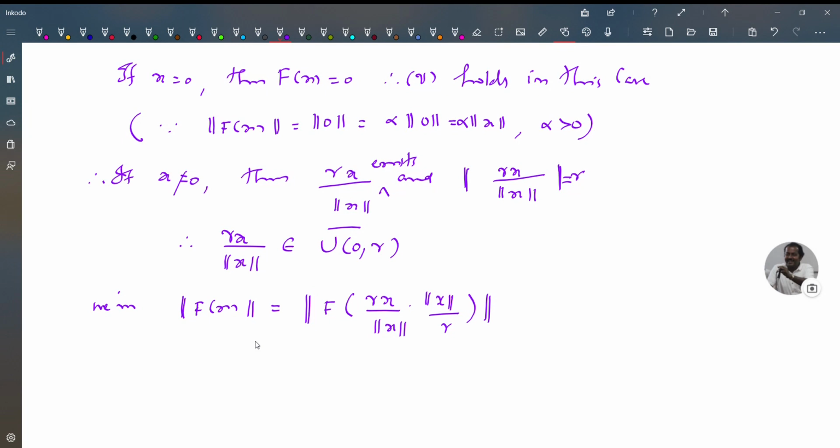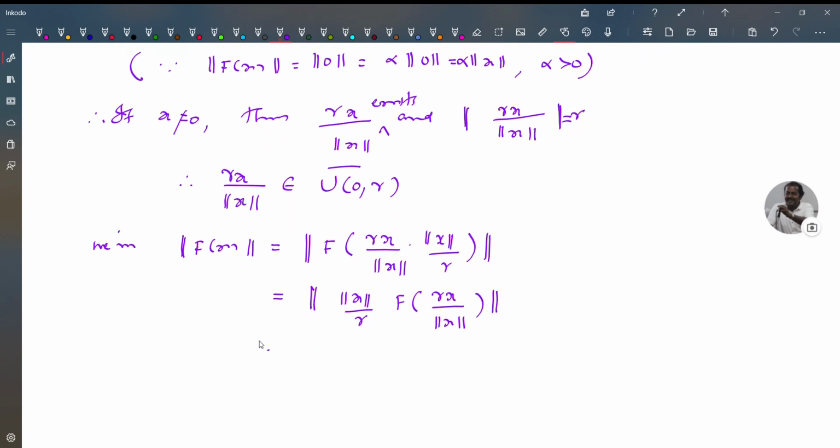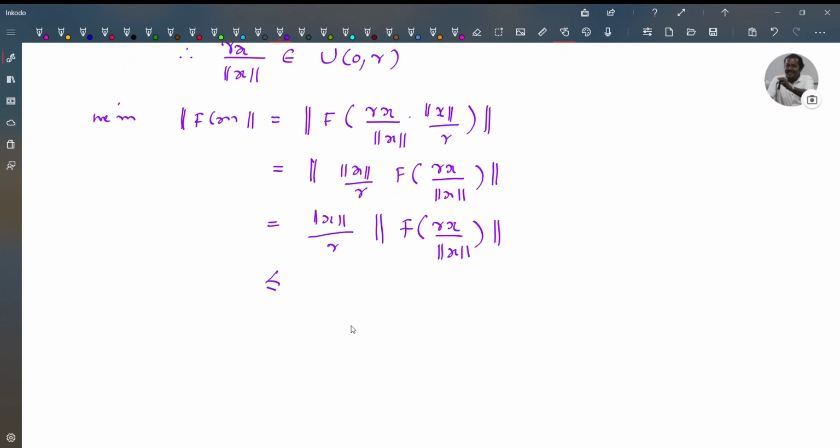So since f is linear, this is equal to norm x divided by r into f(r x by norm x), and this is equal to norm x by r into norm of f(r x by norm x), which is less than or equal to norm x divided by r into beta, since r x by norm x belongs to the closure of U0(r).